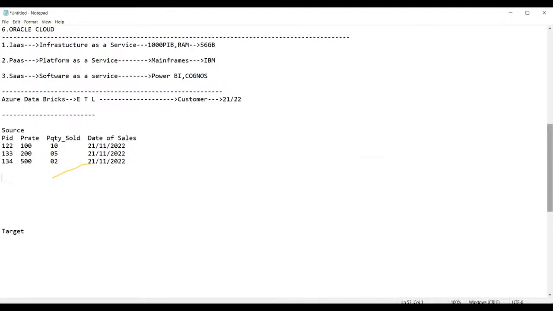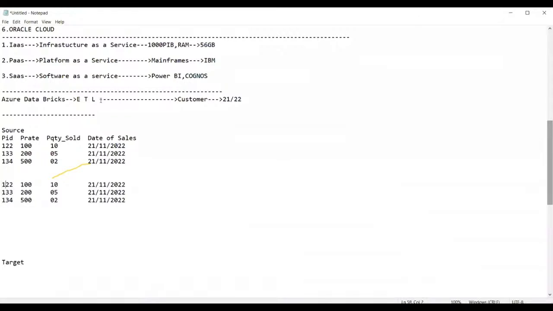So the 21st data is already recorded. Do we have the 22nd data? No, we will write the 22nd data. I'll simply copy this information and paste it here.